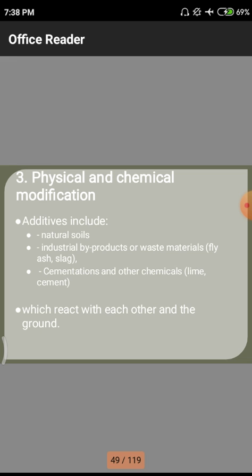We have to create a bond between coarse aggregate and fine aggregate by using lime and cement-like materials. So these cementitious materials are normally used to decrease the voids in between coarse aggregates by using cement silica paste, which reacts with each other at the ground level and decreases their voids and the penetration of water into the subsurface.